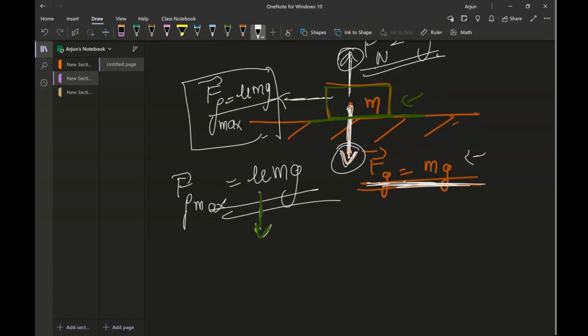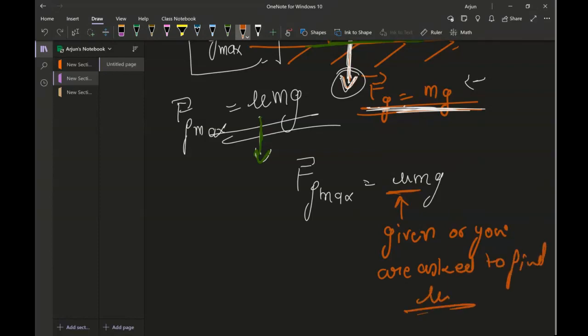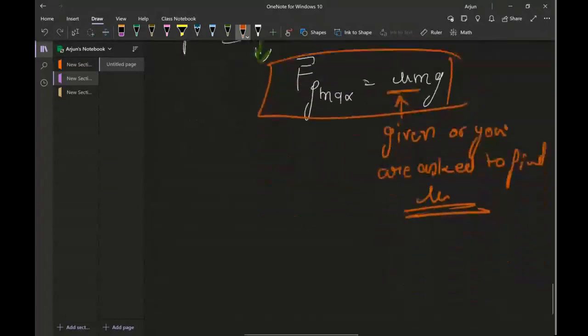I'll keep it really simple: we use force of friction max equals mu mg if the coefficient of friction is given to you, or you are asked to find the coefficient of friction. Otherwise, we don't need to use this formula.